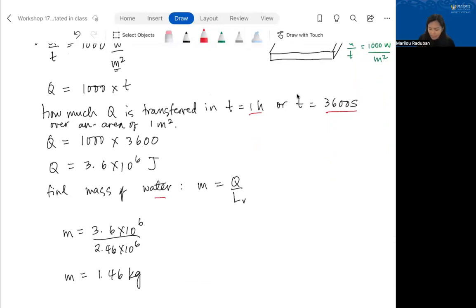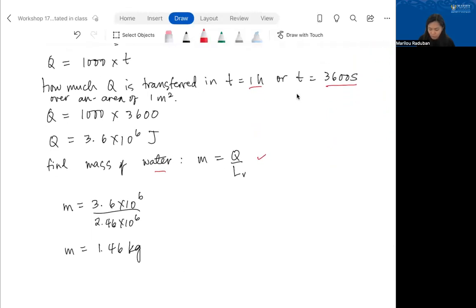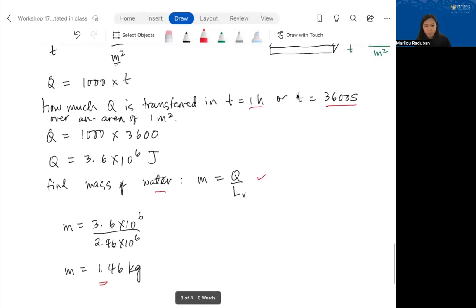The mass of water that's evaporated was determined using this equation, the amount of heat transferred divided by the latent heat of vaporization, giving us a mass of 1.46 kilograms of water evaporated in an area of 1 square meter.